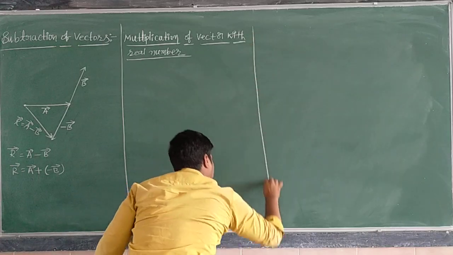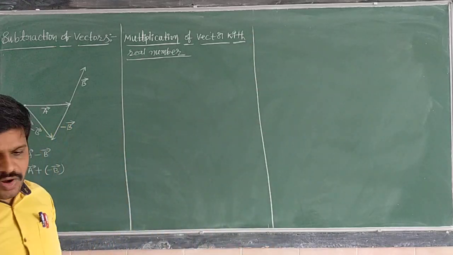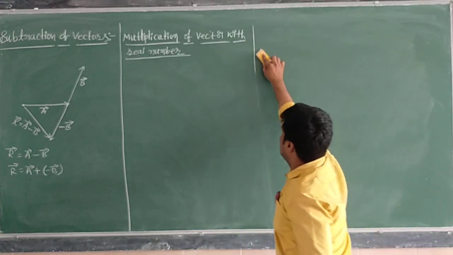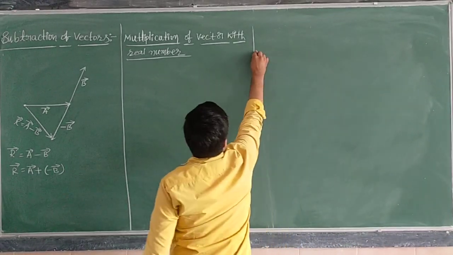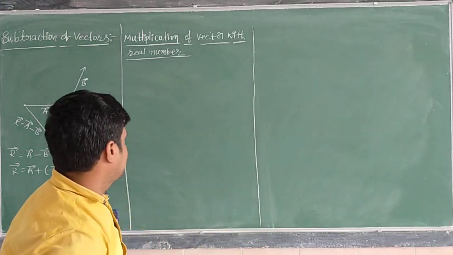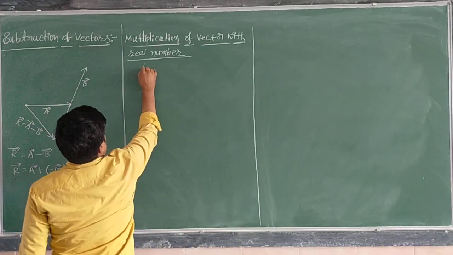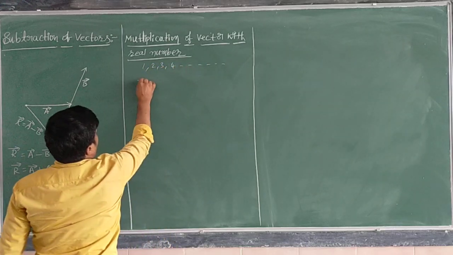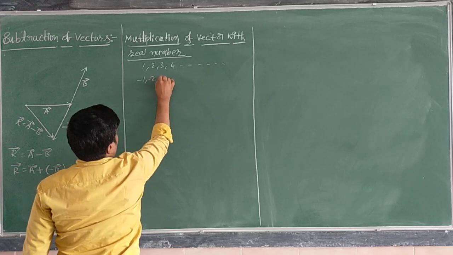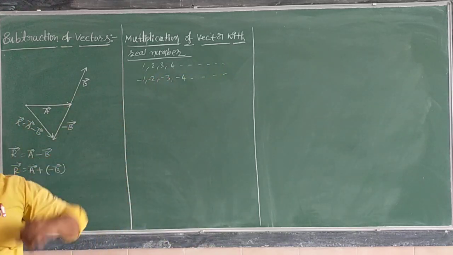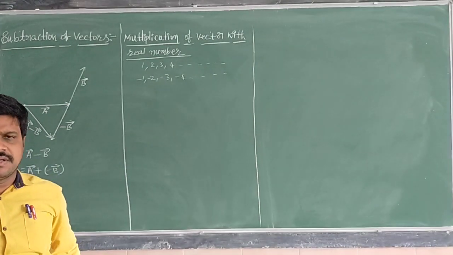Sir, multiplication of a vector with a real number, what are the real numbers? Other than 0, all numbers are real numbers. That means 1, 2, 3, 4, 5 and so on, minus 1, minus 2, minus 3, minus 4 and so on. These all are real numbers.